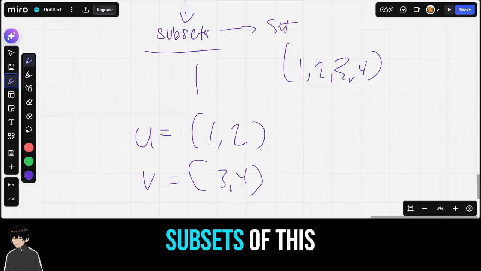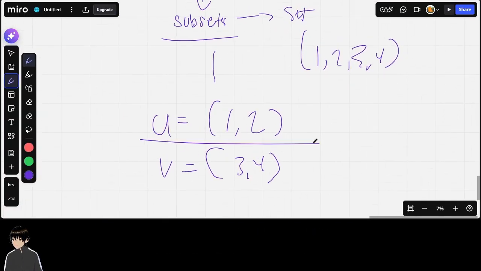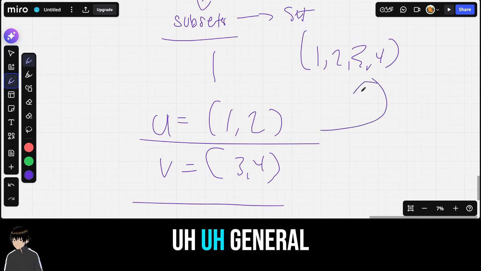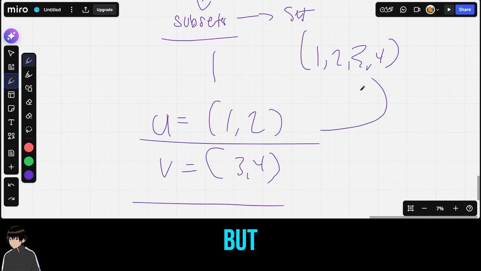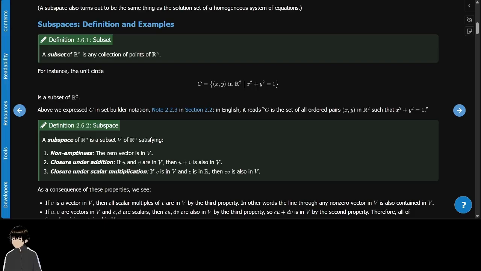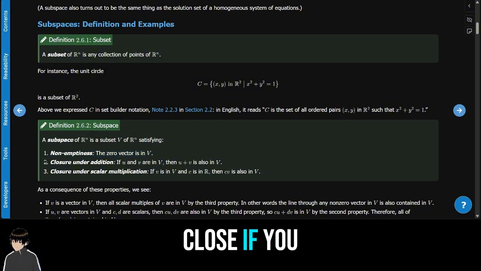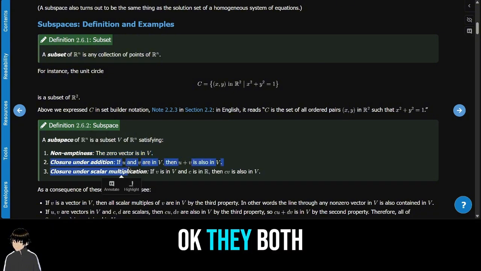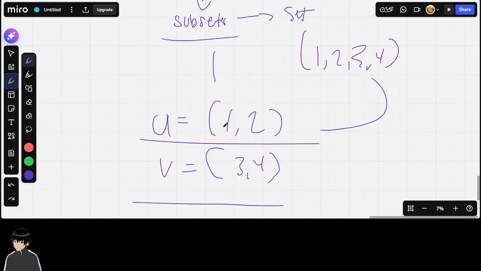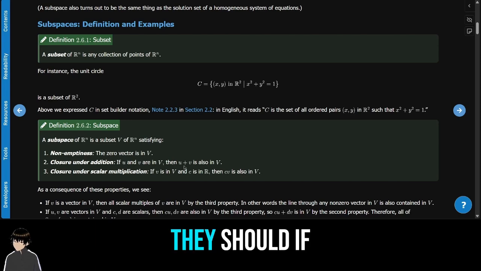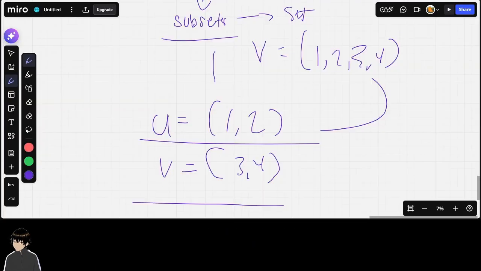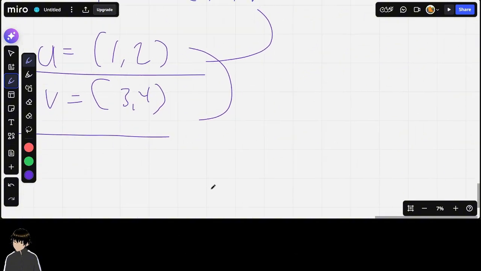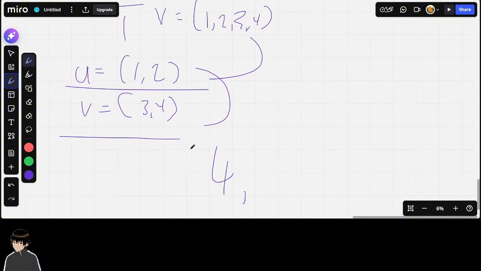So these are obviously subsets of this general set, but the zero vector should be in V. If U and V are in V, okay, if they're both in V, this is V. If U and V, then U plus V is also in V. If you add both of those, you get 4, 6.